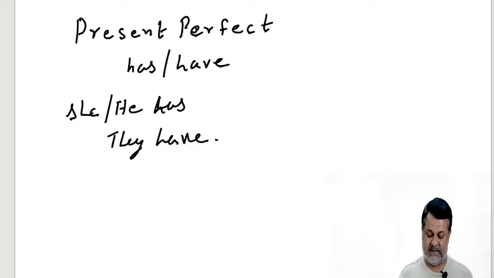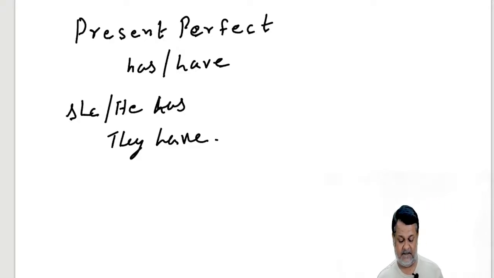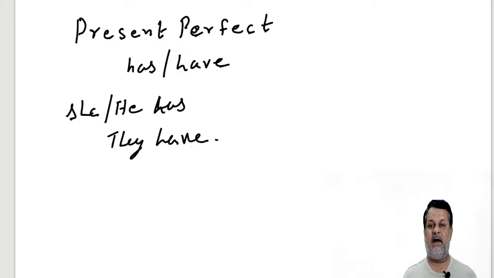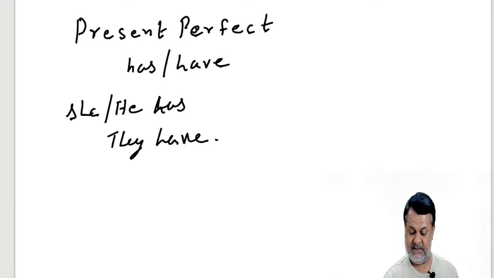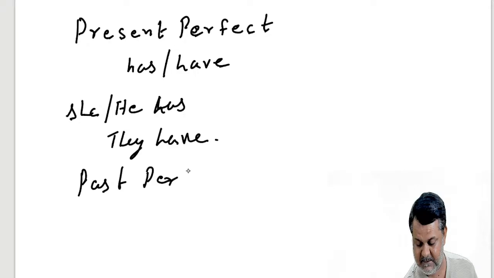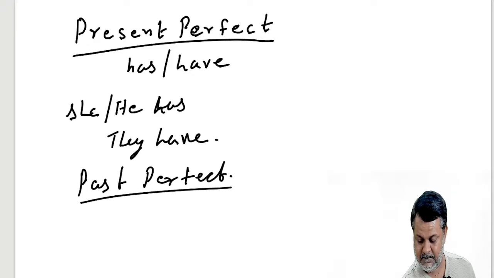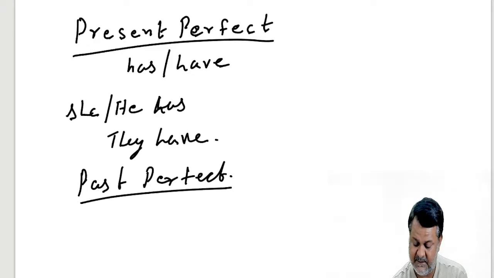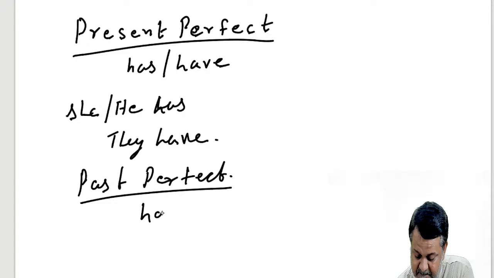So there it becomes, for example, past perfect. Instead of has, it will become had. Plural will always have.